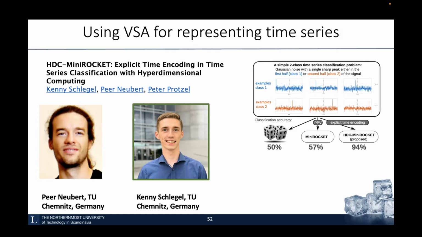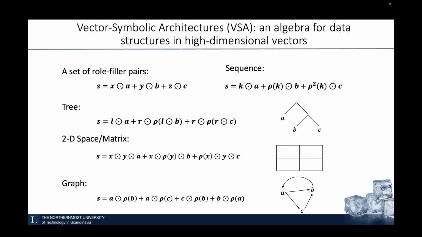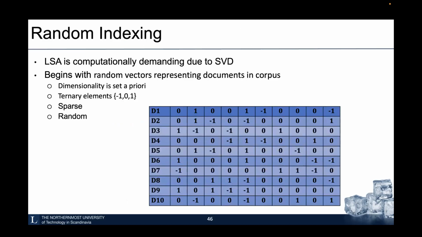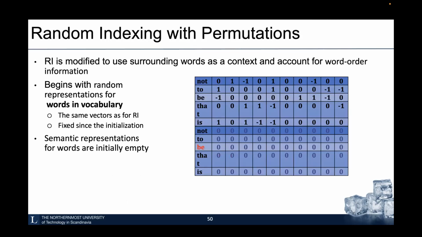But at the end, using this kind of operations, you can aggregate them into a single representation, which then you can supply as an input to your machine learning algorithm to learn the final classification.